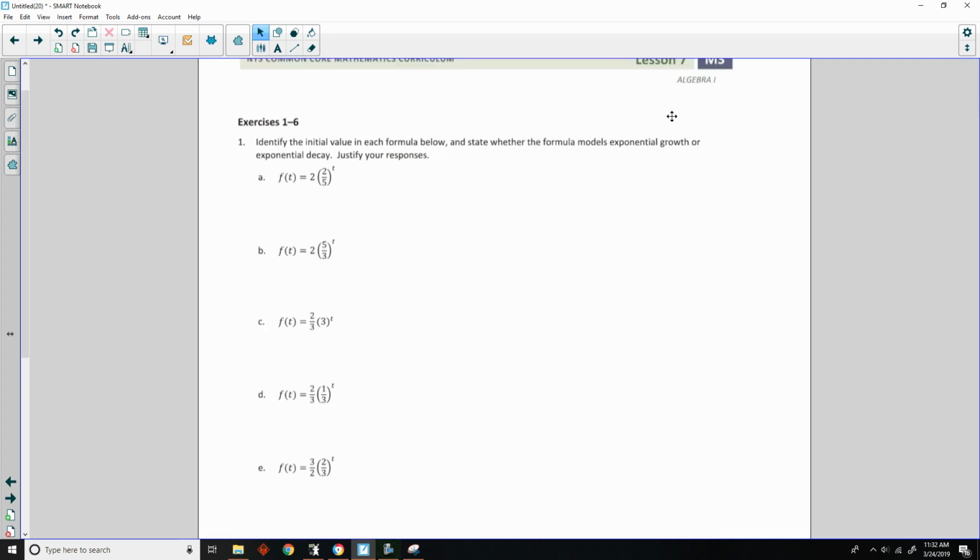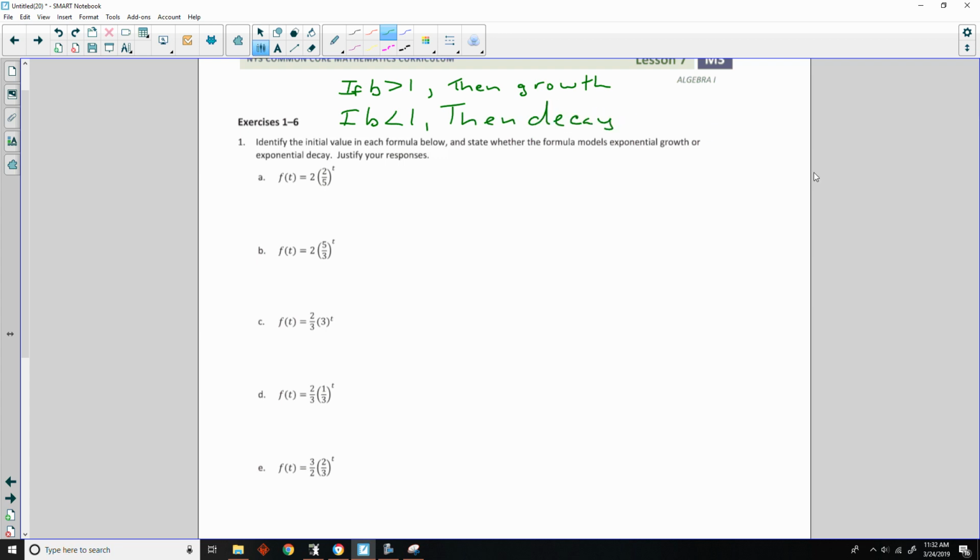Okay, so I'm going to write a summary of that. If b is greater than 1, then growth. If b is less than 1, then it's decay. Okay, pause the video, see if you can do these, and then we'll see how you did.